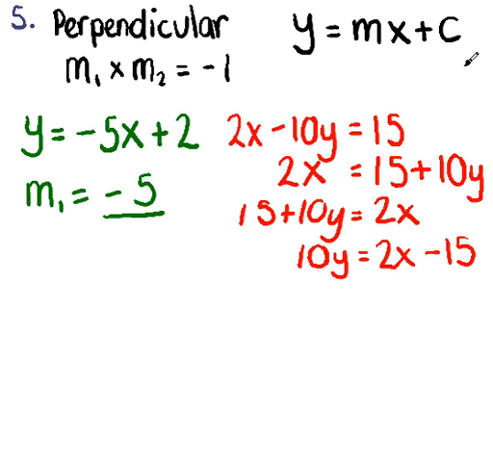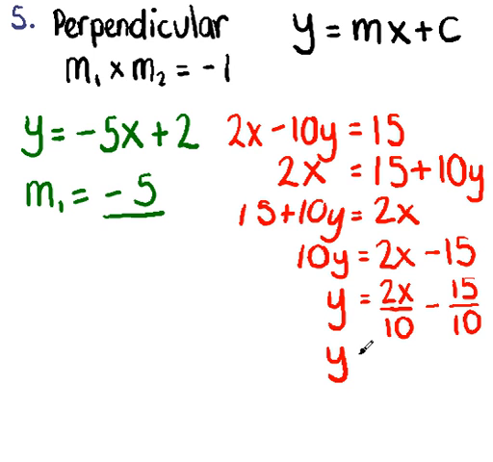So we're getting close to the correct form here. We need y at the front, not 10y. In order to do that, we need to divide through by 10. That gives us y equals, first of all, 2x over 10 minus 15 over 10. 2 over 10 here can be simplified to give 1 over 5.